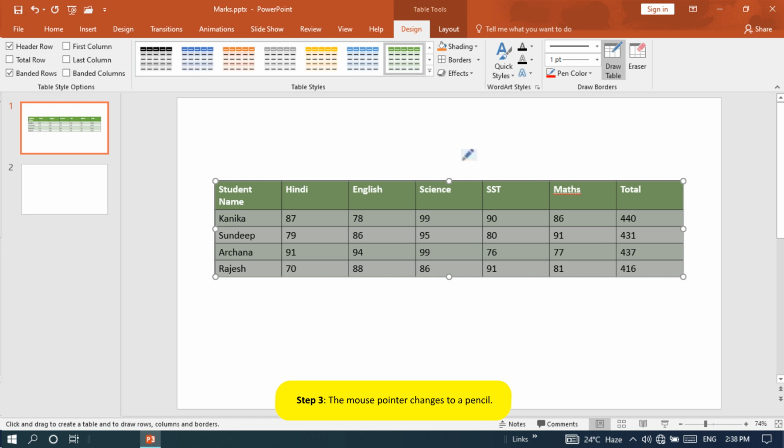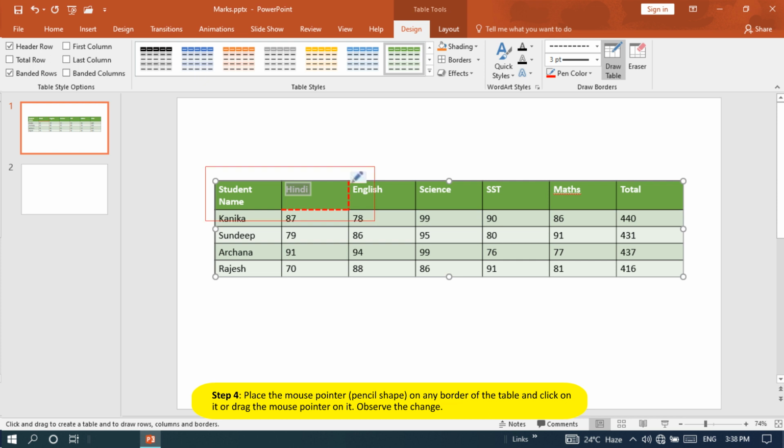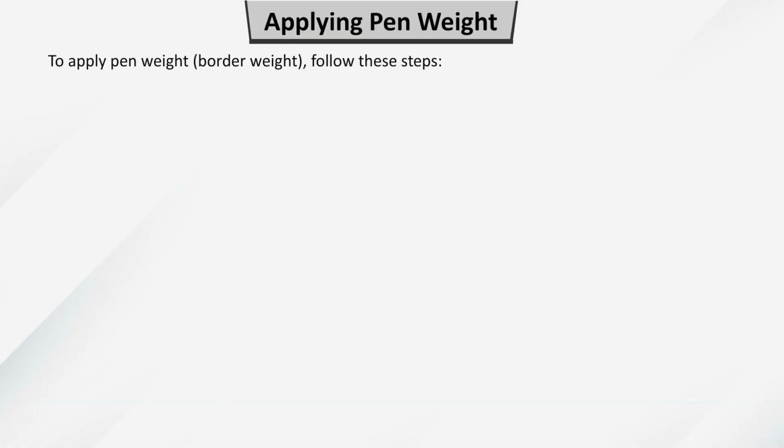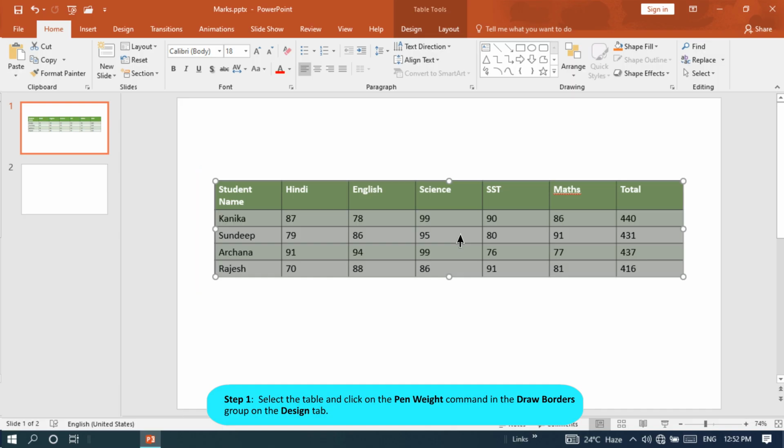The mouse pointer changes to a pencil. Step 4. Place the mouse pointer, pencil shape, on any border of the table and click on it or drag the mouse pointer on it. Observe the change. Apply pen weight. To apply pen weight, border weight, follow these steps. Step 1.